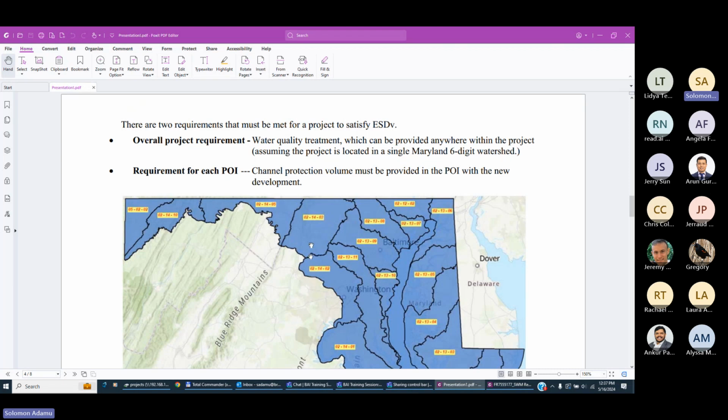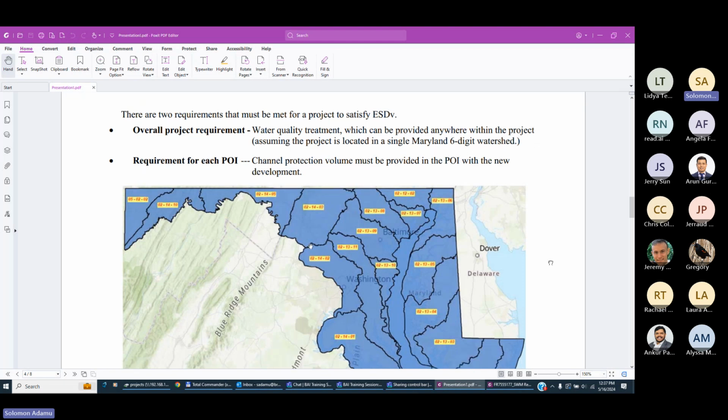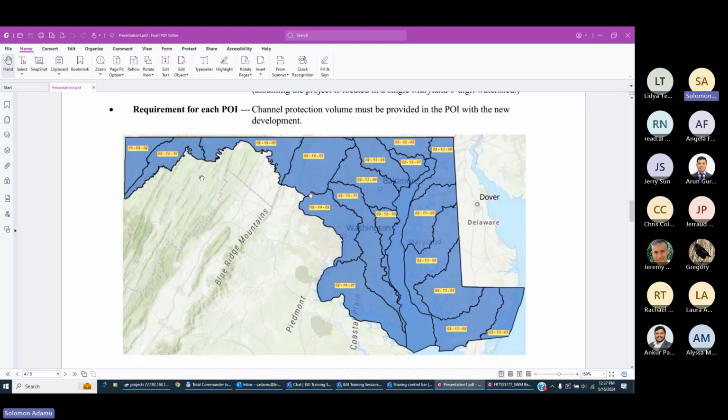These are the Maryland 6-digit watersheds I found online. So let's say we have a project around here and we cannot provide water quality here. We can do it somewhere here, as long as the treatment is within this area.